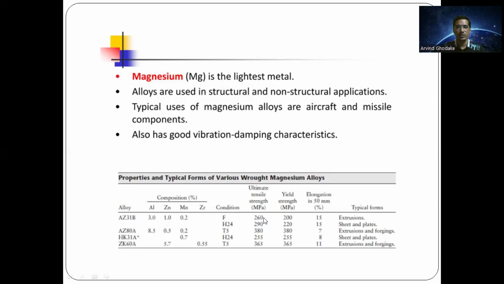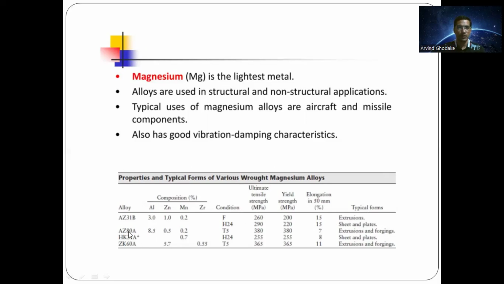UTS is 260 megapascal, yield strength is 200 megapascal, percentage of elongation is 15, and the typical forming process is extrusion. In the S24 series, 290 is the ultimate tensile strength, 220 is the yield strength, 15 is the percentage of elongation, and the typical form is sheet and plates.